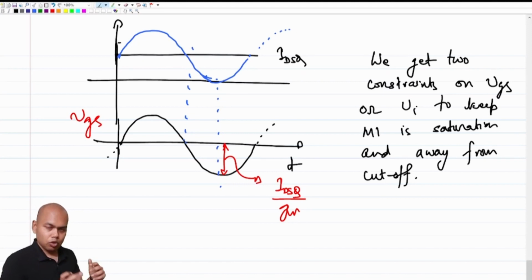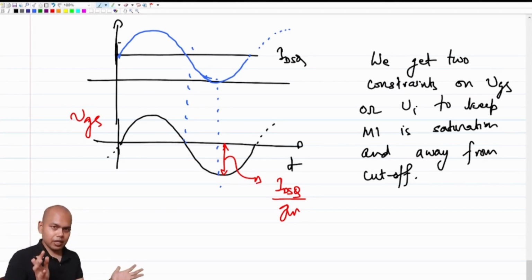Correct? Those two constraints came from two different conditions. One is to keep the transistor in saturation, and the other is to keep the transistor away from cutoff.